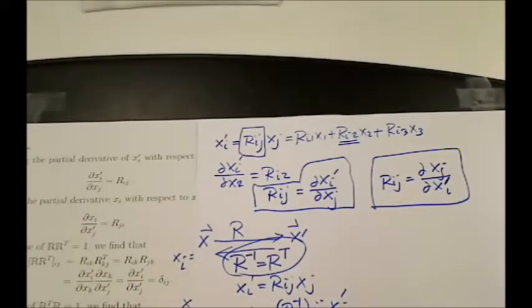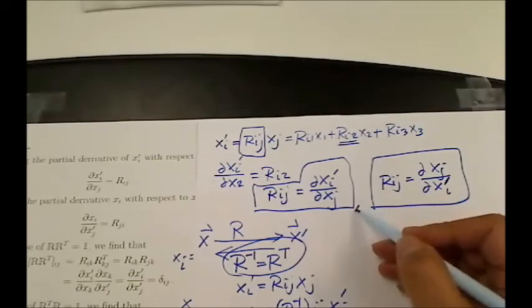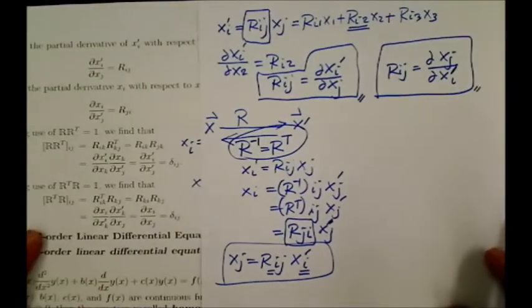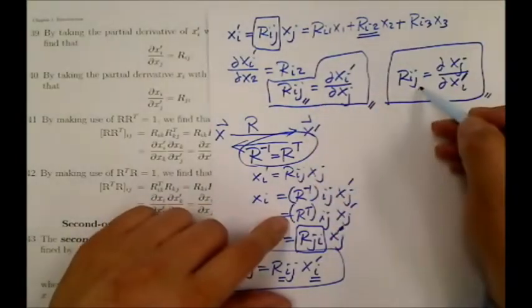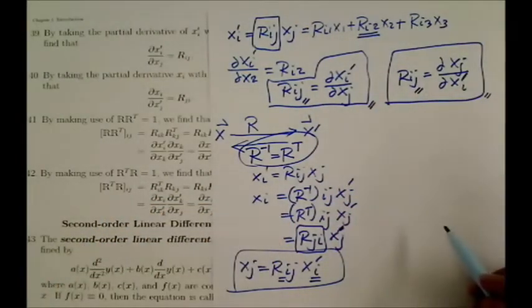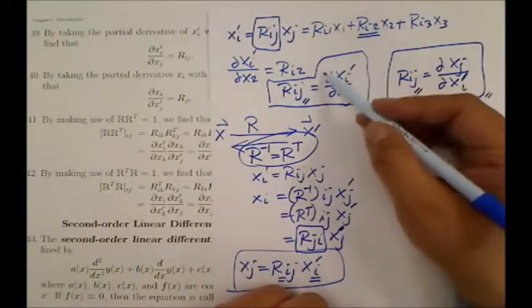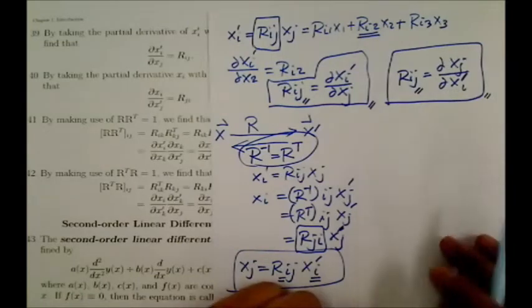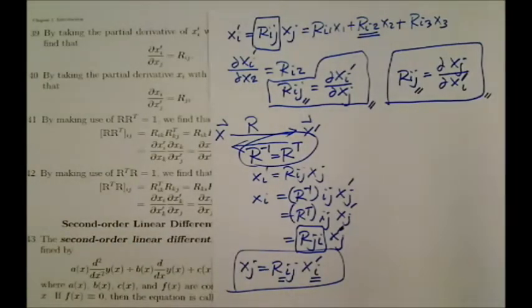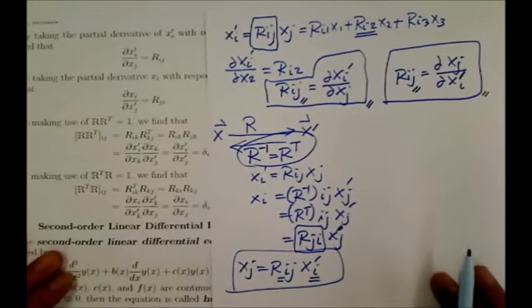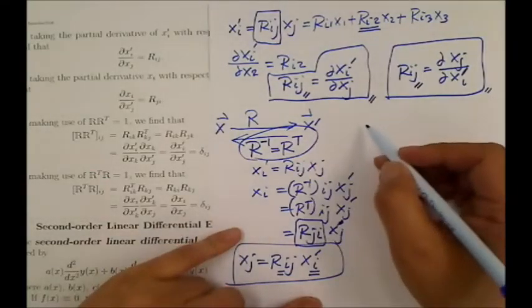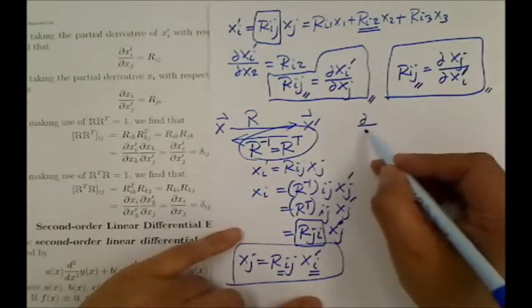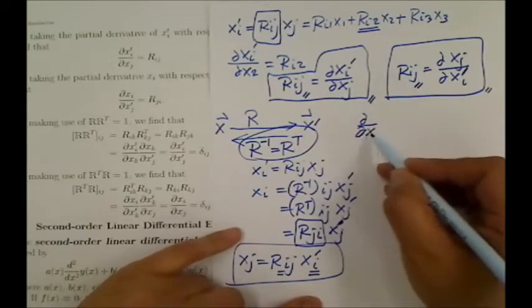Now we have obtained the formula by taking the partial derivative of coordinates. We can read off the rotation matrix. Because these partial derivatives are very useful in future, let us study them in detail. First, we write down the partial derivative of xi prime.